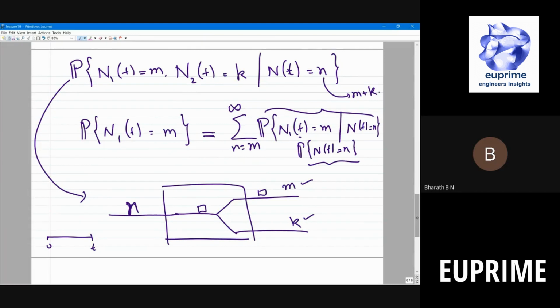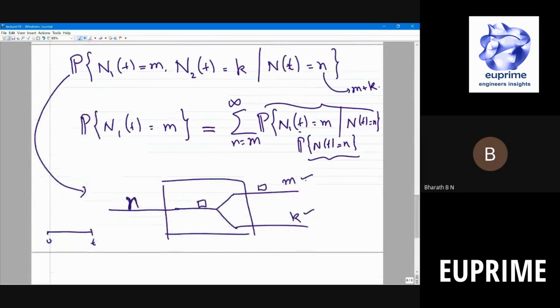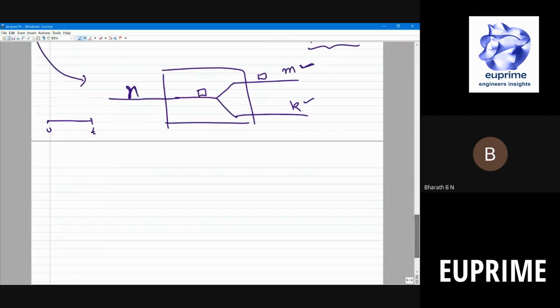What is the probability here? You should get m heads, so p to the m, 1 minus p to the power k. This is nothing but binomial. I can write n factorial as m plus k factorial, divided by m factorial into k factorial.